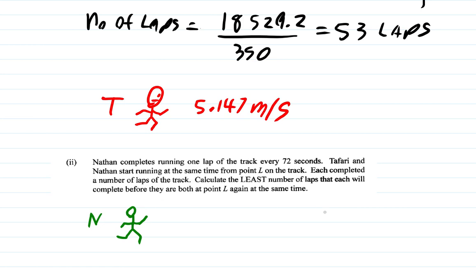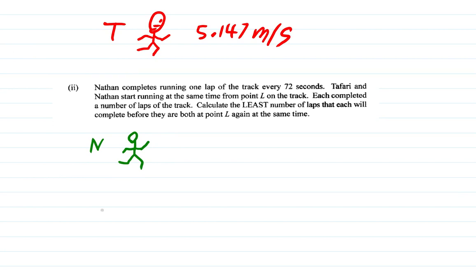Nathan completes 1 lap every 72 seconds. So that's 1 lap, which is distance equal 350 meters, time equals 72 seconds.